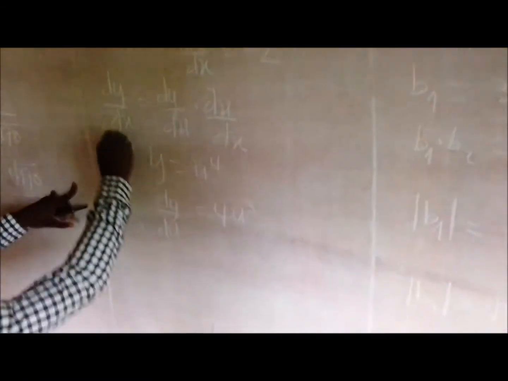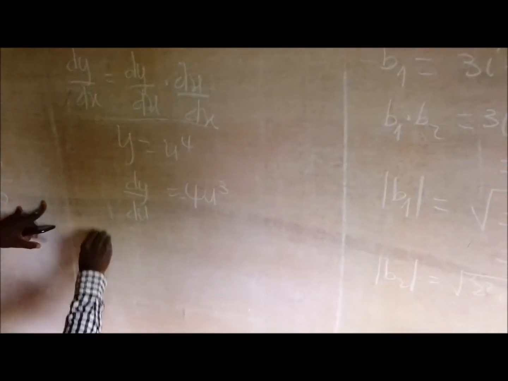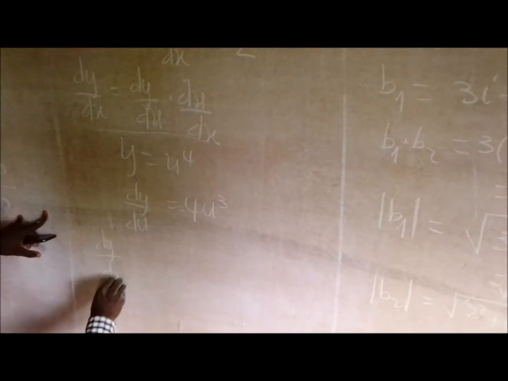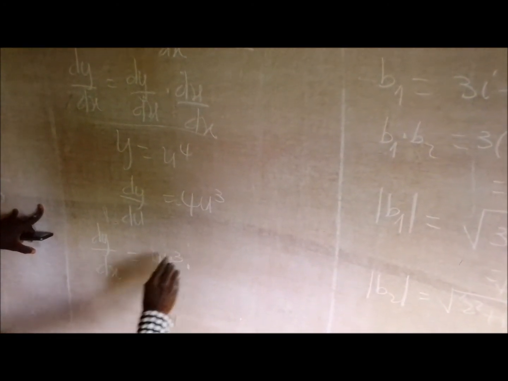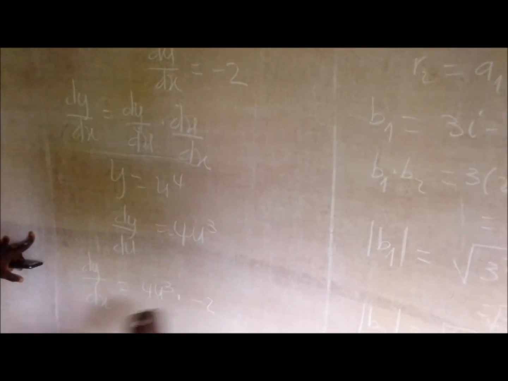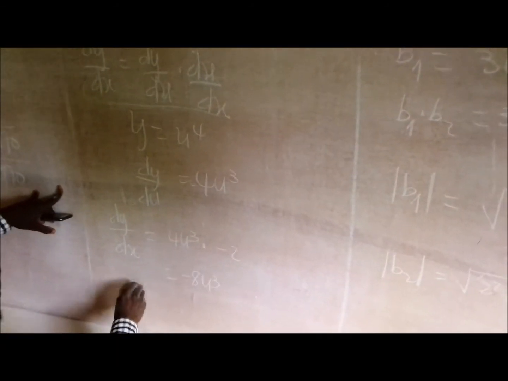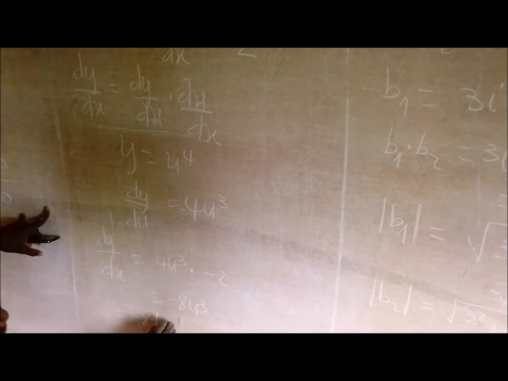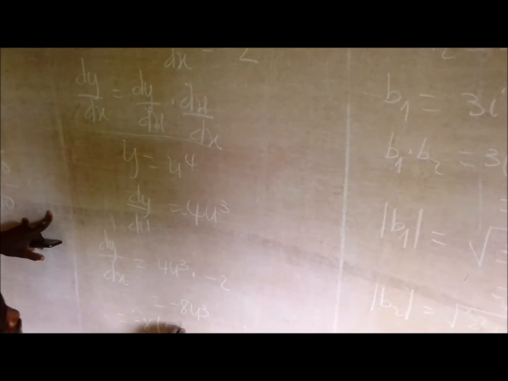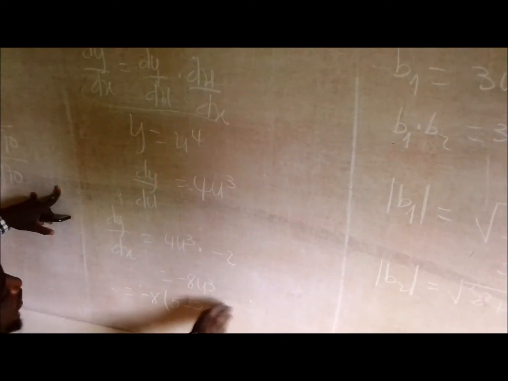So dy by dx will be 4u cubed times du by dx, which is negative 2. So it's going to give me negative 8u cubed. But initially u is equal to 5 minus 2x. So I'm going to have negative 8 times (5 minus 2x), all to the power 3.